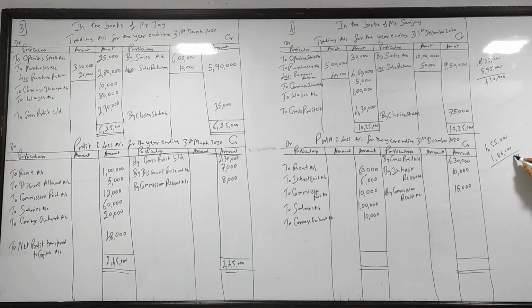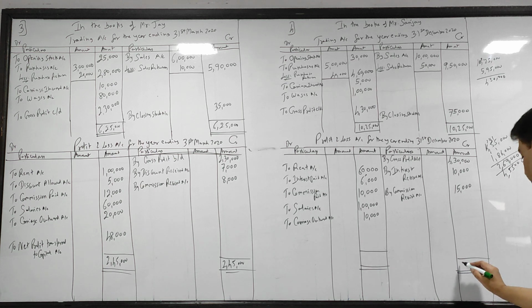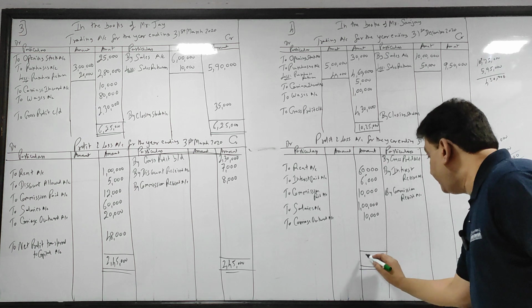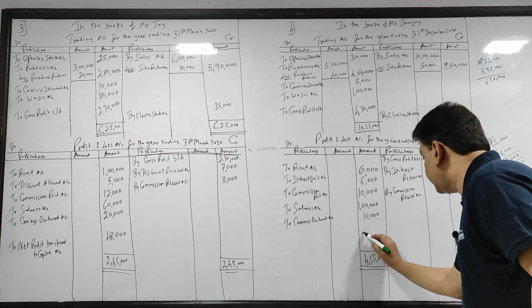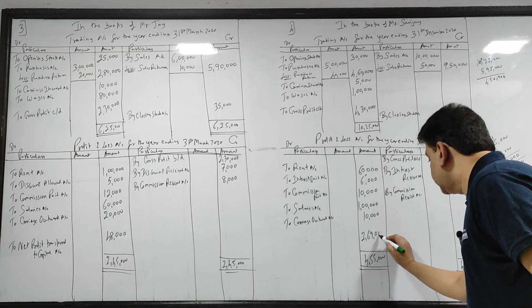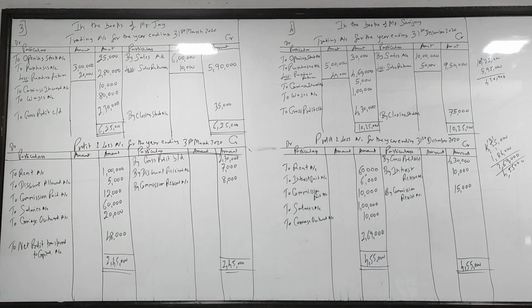So 15 minus 6, 9, 14, 269. So credit side का total 455, डेबिट साइड का 186, 455 में से 186 माइनस करो, you get 269.